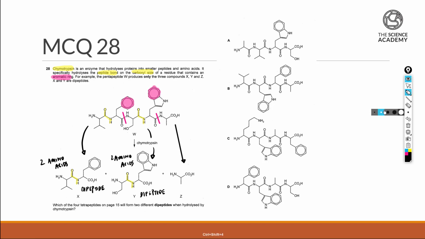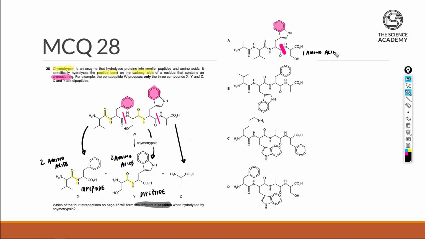So the question has a condition of after going through the digestion with chymotrypsin, we want to generate two different dipeptides. So starting off with option A, we do see a single benzene ring over here. And from that, the cleavage will be seen over at this area. And through this cleavage itself, if you take a look at what's left behind, we do have only one amino acid that's left behind.